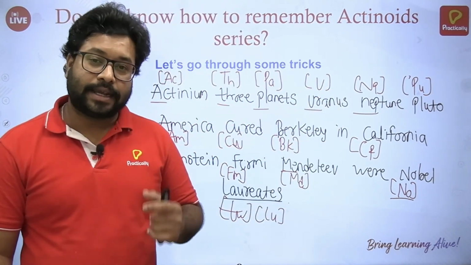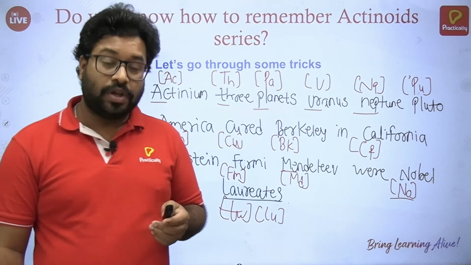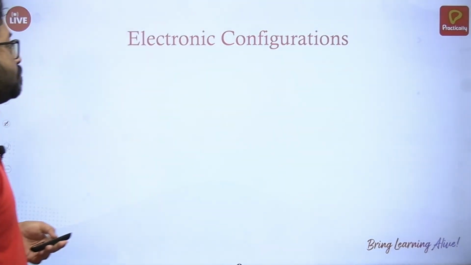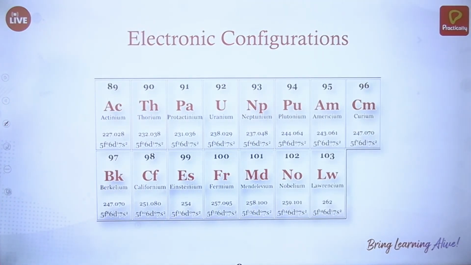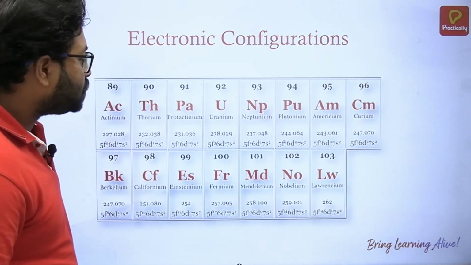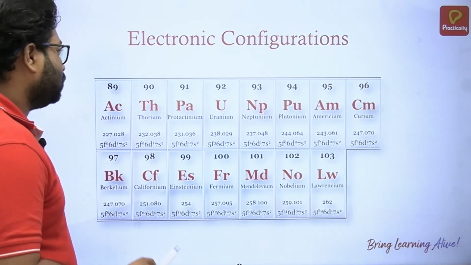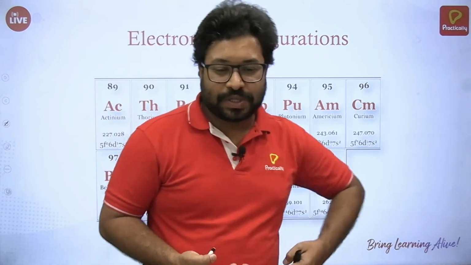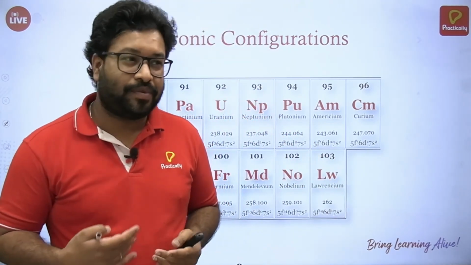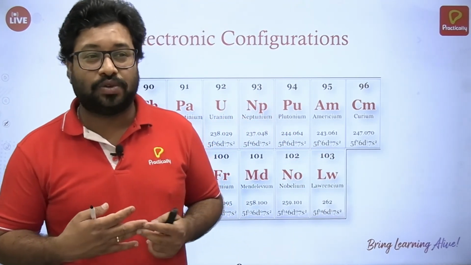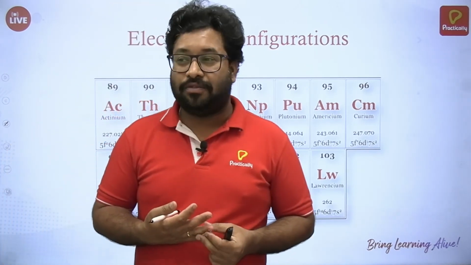So these are the tricks, or the mnemonics, that you can use to remember them. Now electronic configuration. Mostly they will not ask you about the F block elements that much. It is not that important for your CBSE exam, because they will ask you mostly about which element is present where.